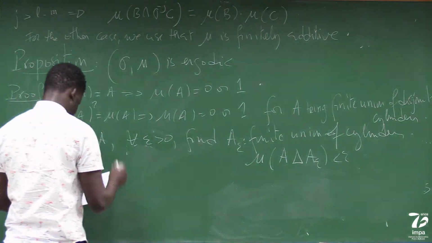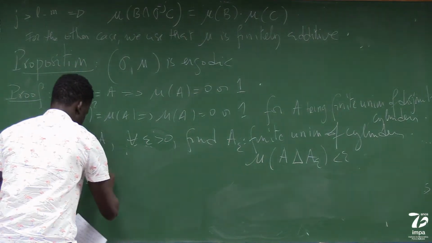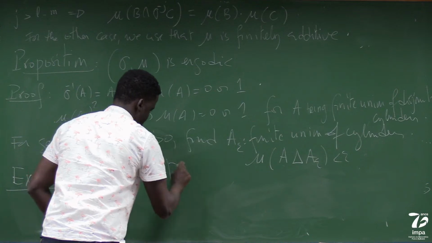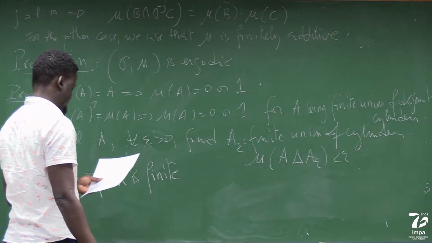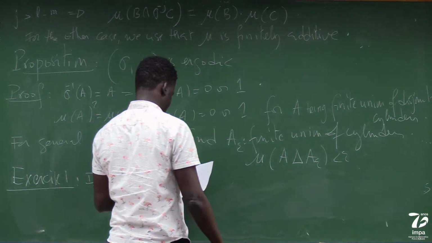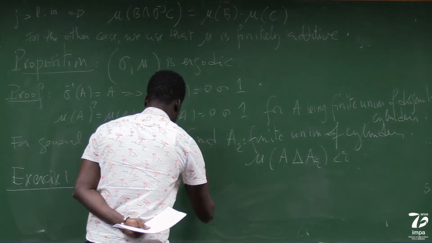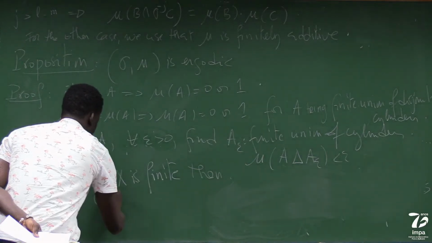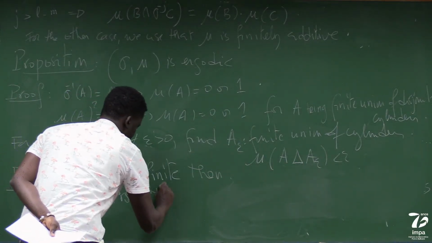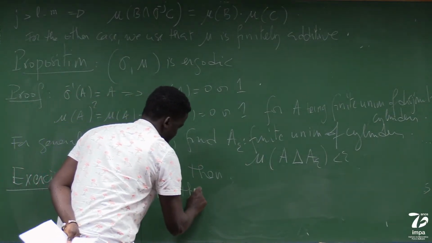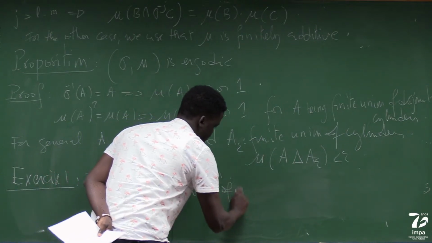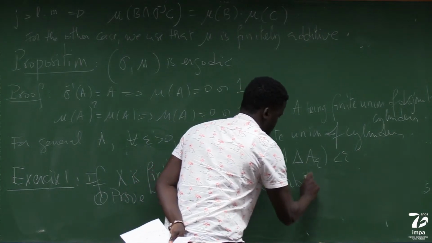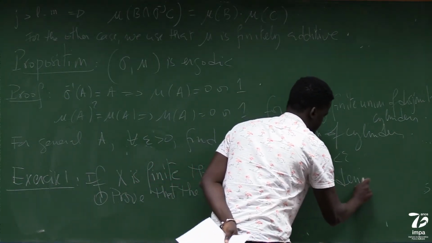Let's suppose that X is finite. Then prove that the set of periodic orbits is dense in sigma.